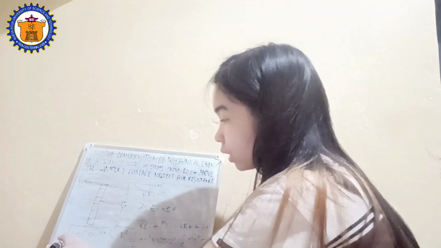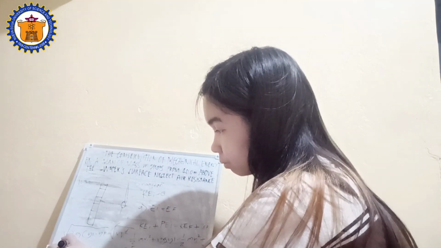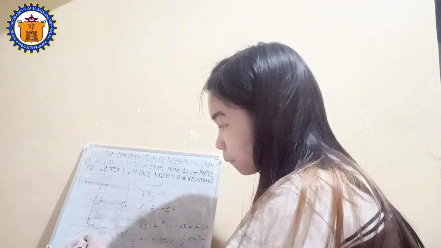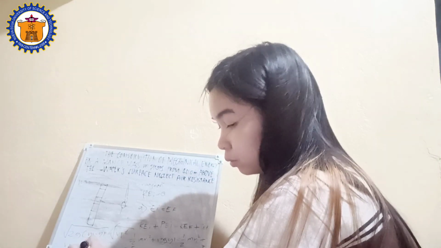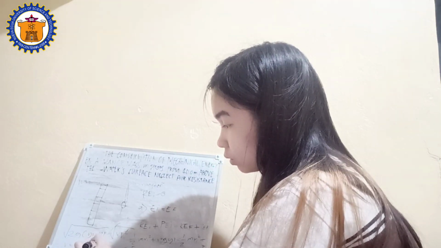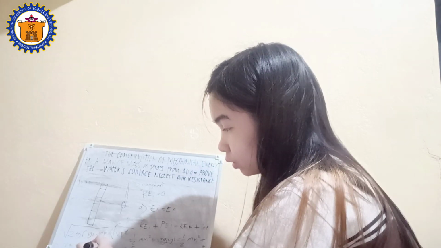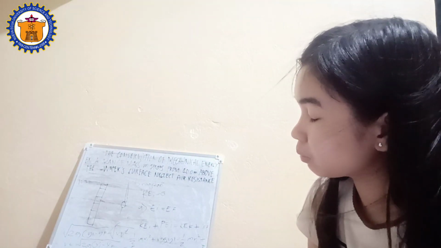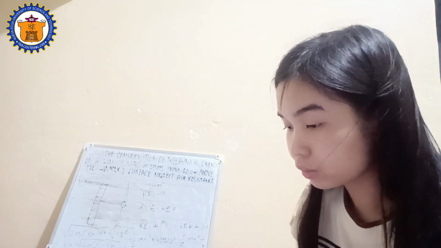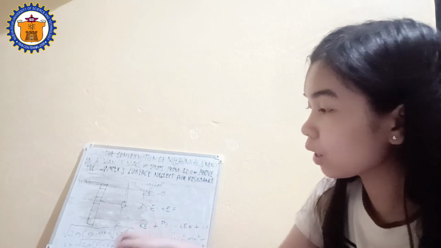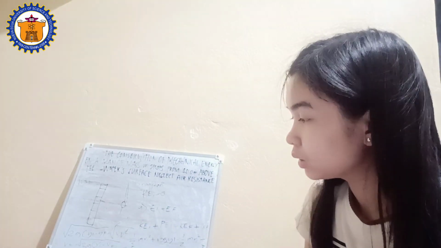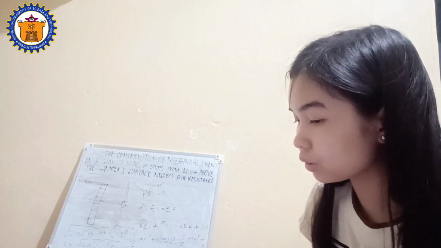So, our final velocity now is equals to the square root of 2g times initial position minus final position. So, ito na ngayon yung formula natin for getting the velocity.